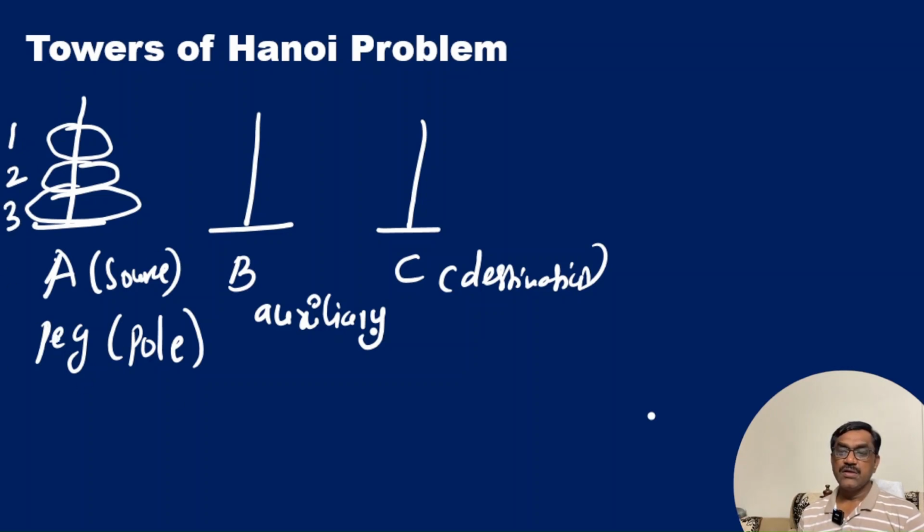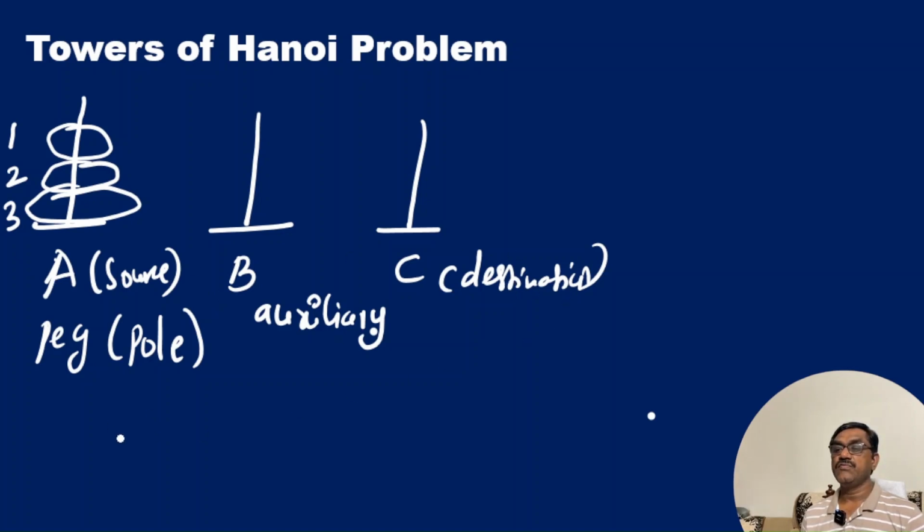We have a set of disks on the source peg. Now what do we have to do? We have to move all the disks from the source peg to destination peg C, by making use of the auxiliary peg.